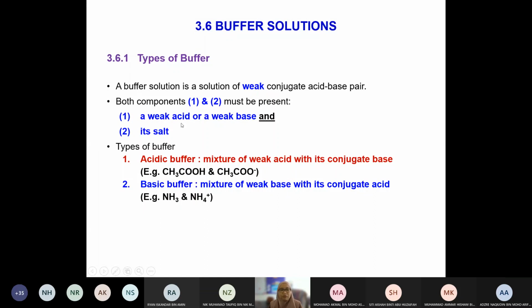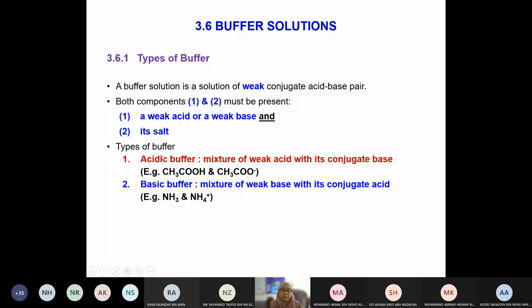The salt of the weak acid or the salt of the weak base. These two are compulsory to be present in a buffer. It cannot be a strong acid with salt, or a strong base with salt. It should be the weak one and the salt.